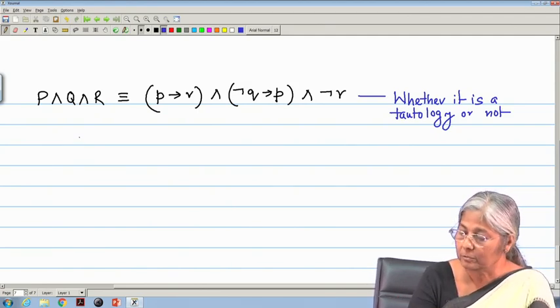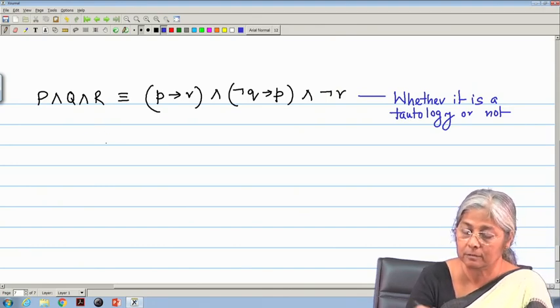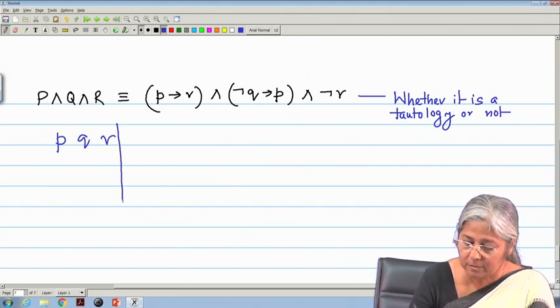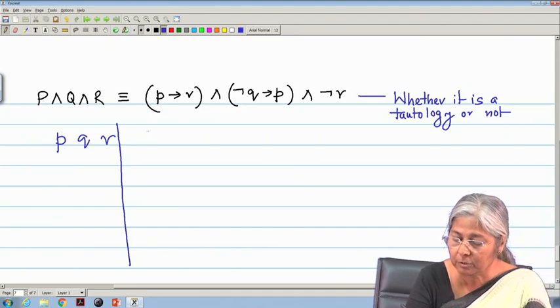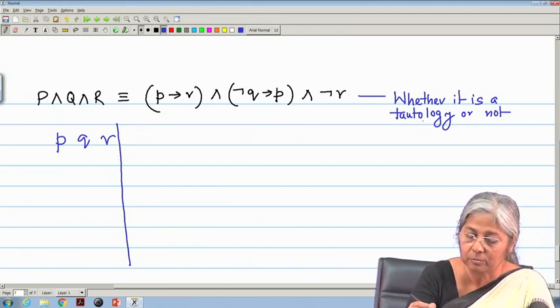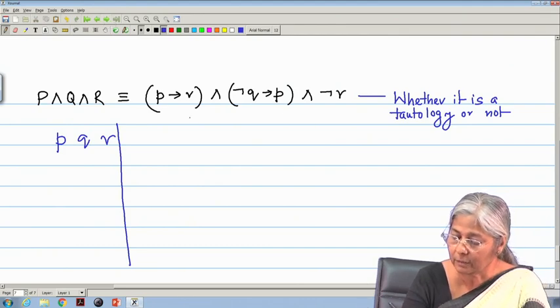So, we make the truth table. We have 3 primitive statements P, Q, R. If it is a tautology, then we have to write it in a different way.